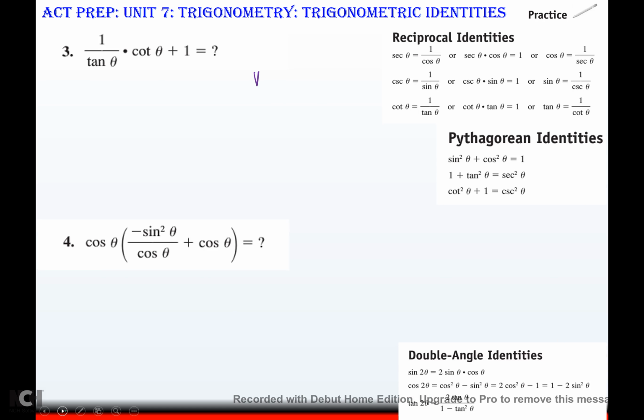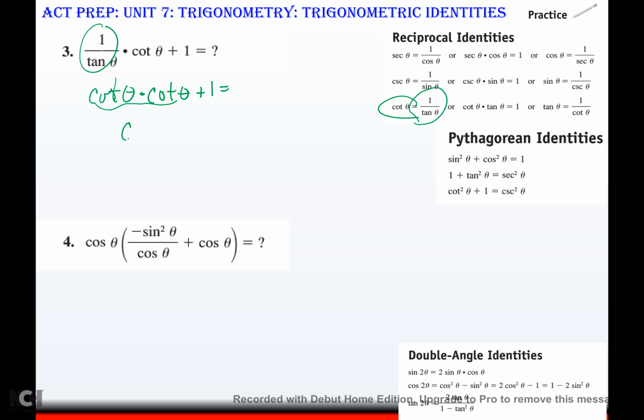Alright, so this one says, figure out what these things equal. Well, again, I've got a cotangent here and a tangent here. If I look at my reciprocal identities, 1 over tangent is equal to cotangent. So I can replace this with cotangent theta times cotangent theta plus 1 equals, we don't know.